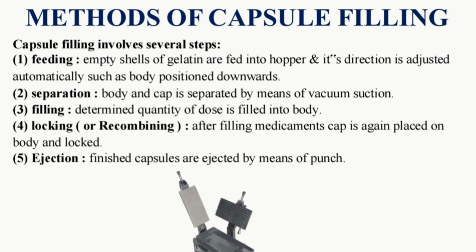A determined quantity of the dose is filled in the body. Then locking or recombining. After the filling of the medicament, the cap is placed again on the body and gets locked. Then ejection. Finished capsules are ejected by means of a punch. So these 5 steps: feeding, separation, filling, locking and ejection are done in capsule filling.